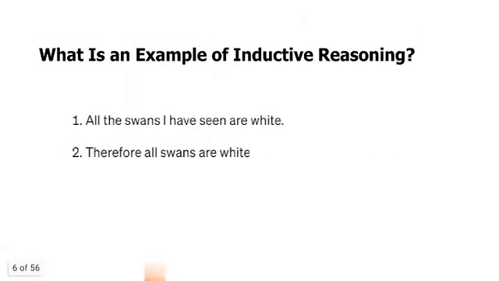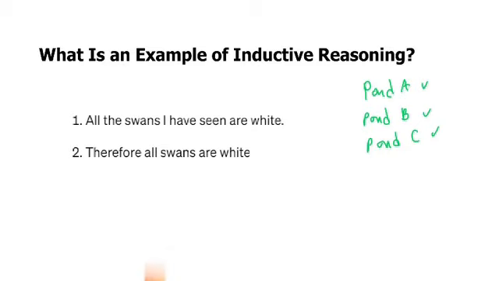Here's another example. All the swans I have seen are white. So maybe you went to pond A, pond B, pond C. So you have 3 observations that you were able to make. And during those 3 observations, you observed that all the swans you see, or the ducks, to make it more Pinoy, are white.